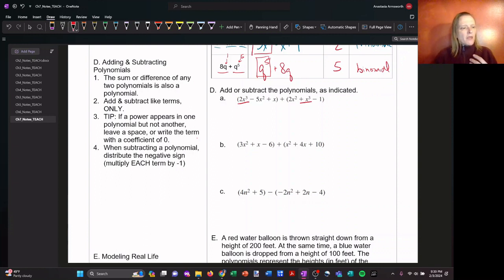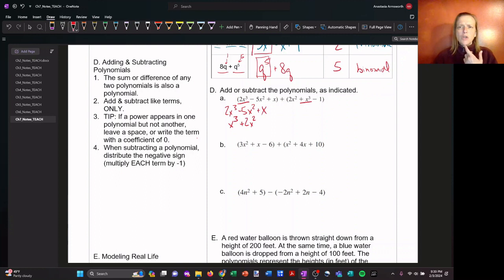So let me rewrite this so that it's easier to see which terms match up. First of all, it helps to write things in standard form. This first polynomial is written in standard form, but the second one is not. I'm going to write the x cubed first, and then I'm going to write the 2x squared.